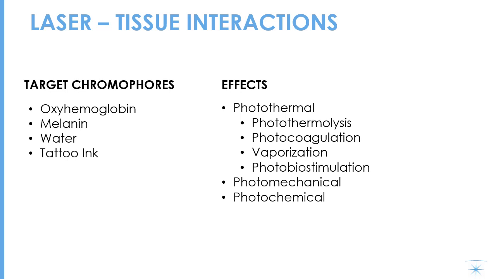So the ink particles are going to be fragmented into small particles, which are going to be removed from the tissue, and the same happens if you are treating benign pigmented lesions. The melanin is going to be fragmented into small fragments, and those small fragments of melanin are going to be phagocytosed and removed from the skin, which is a process which takes a longer time, and that's why an interval of 6 to 8 weeks is required between the sessions.